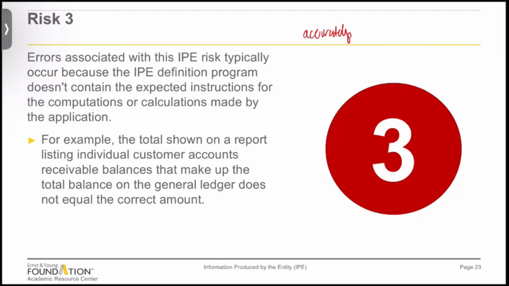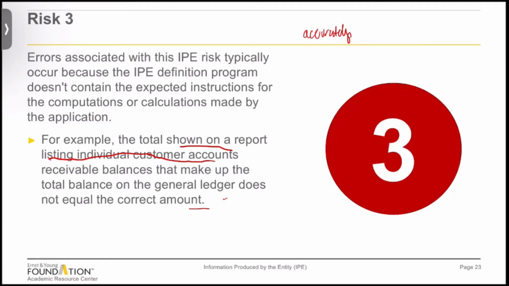So for example, the total shown on a report listing individual customer accounts receivable balances that make up the total balance of the general ledger does not equal the correct amount. Okay? So mali yung pagkakagroup or categorize ng accounts receivable.